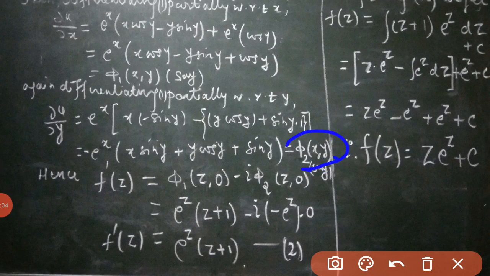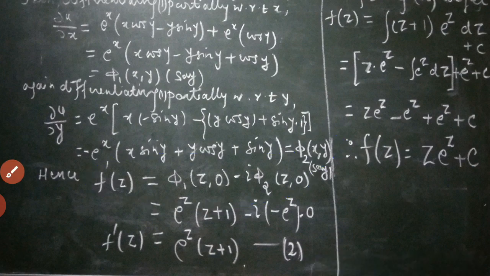Now to find the analytic function by the Milne-Thomson method, we use the formula f dash z equal to phi 1 of z, 0 minus i phi 2 of z, 0. Here we put x equals z and we put y equals 0. I have given this in the theory portion.